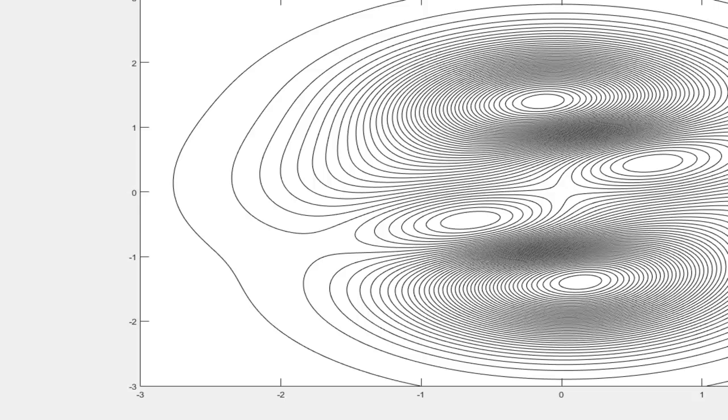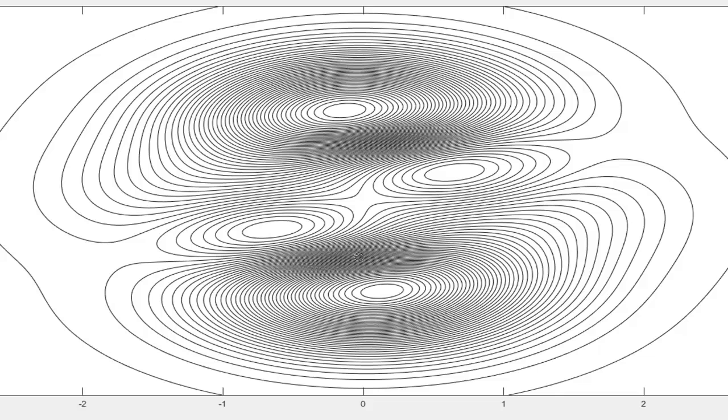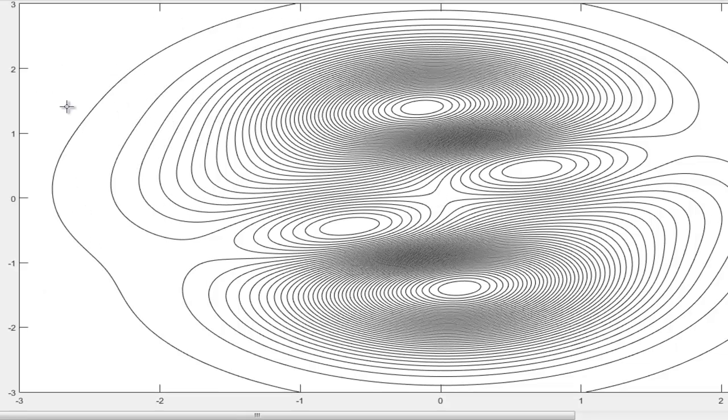Let me adjust it. So here we have a contour plot showing 4 places for max or min and a place for a saddle point. So we can see that we have one local max or min in this rectangle, which can be easily seen between x from negative 1 to 1 and y between about 1 and 2.